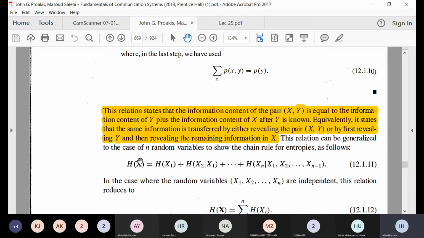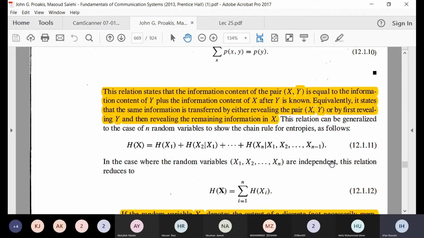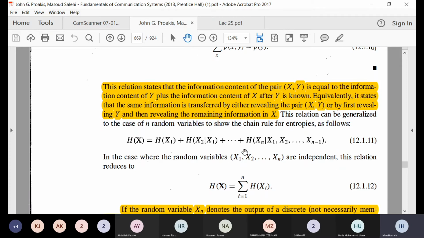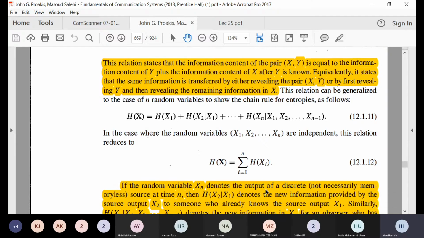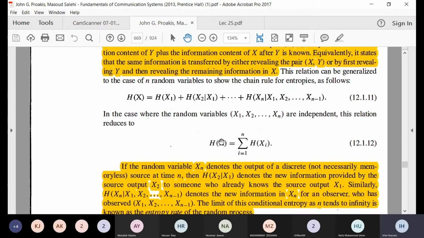So here you can see this X consisted of X1 to Xn, so you can write the information in H(X) as this. If these random variables are independent, so X2 is not dependent on X1 and Xn is not dependent on its previous values, you can just write H(X) as the summation of the entropies of the individual random variables, provided they are independent with respect to one another.